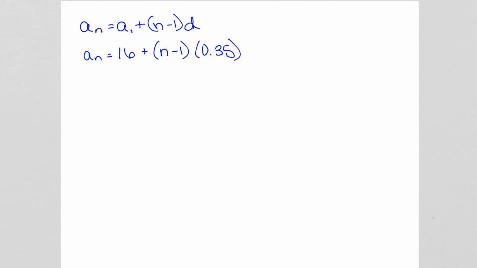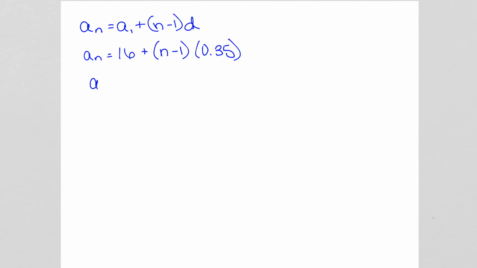And why am I not changing that to a 0.0035? Because we're using 16% and we didn't change that decimal, so we won't change this one. You could do both, but instead of treating it like a percent, we're treating it like just a number.